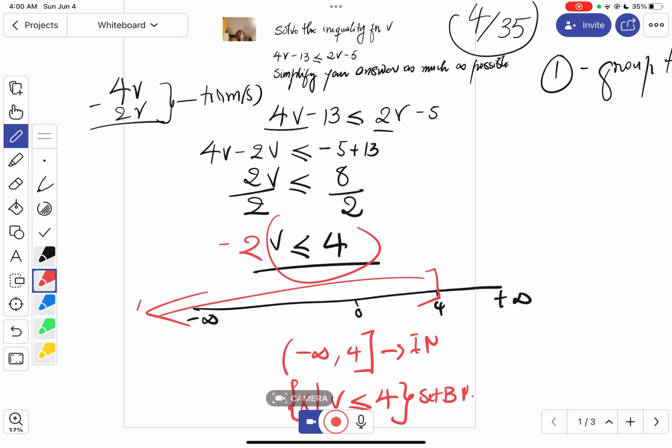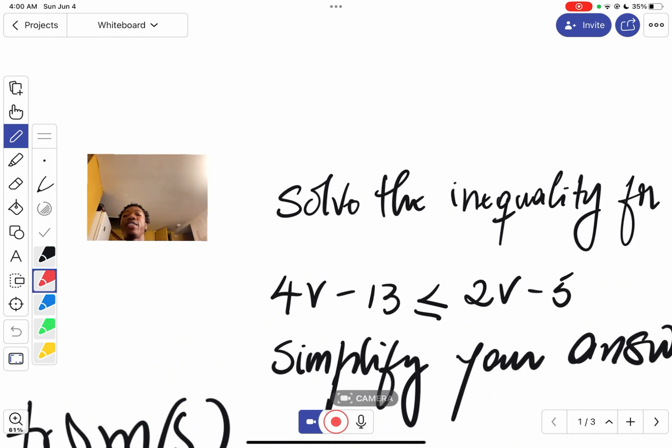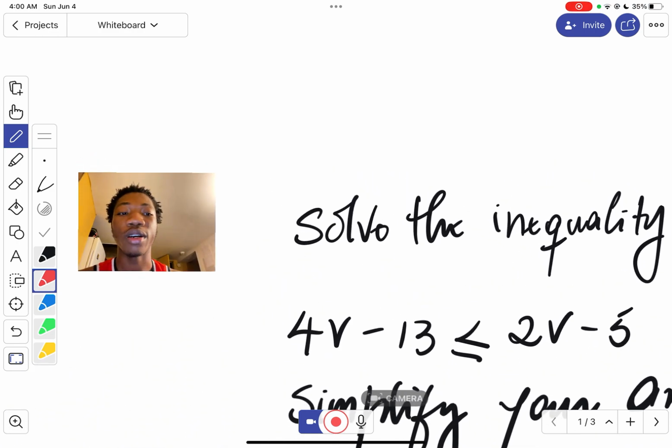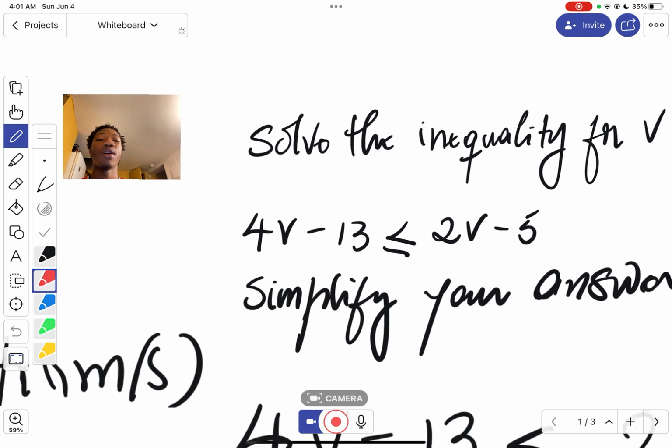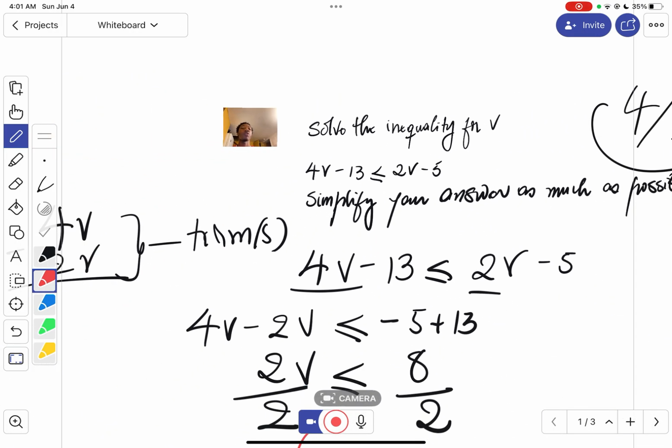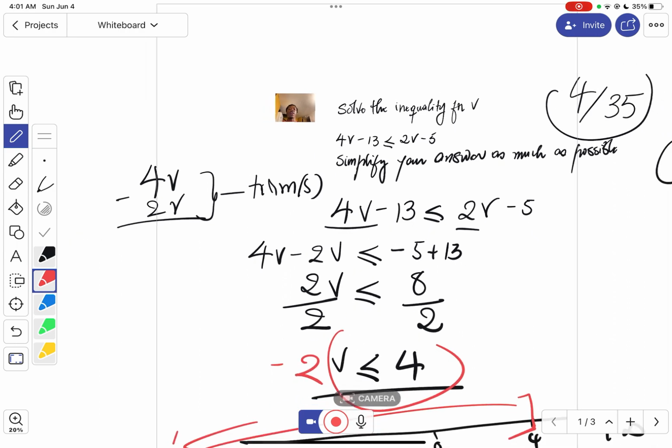I know it was not complicated. I don't want to say complicated so that I don't scare y'all, but it just needs a little work. Even if they didn't ask me to graph it or do all that, I just wanted to do it so that you guys get comfortable with it, because I know the exam is going to be all about it. The thing that they ask us to do is pretty much to solve the inequality and then simplify the answer.